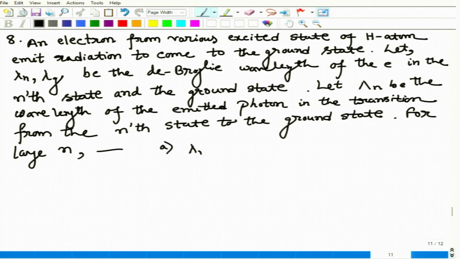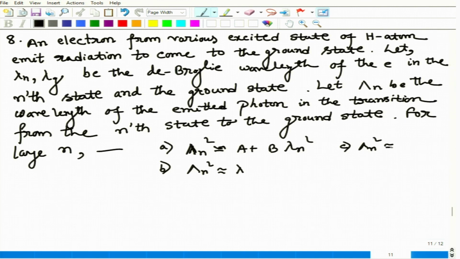A is lambda n square approximately equals to a plus b small lambda n square, b is lambda n square more or less equals to lambda, c is lambda n square more or less equals to a plus b divided by lambda n square, and d is lambda n square more or less equals to a plus b lambda n. Okay.